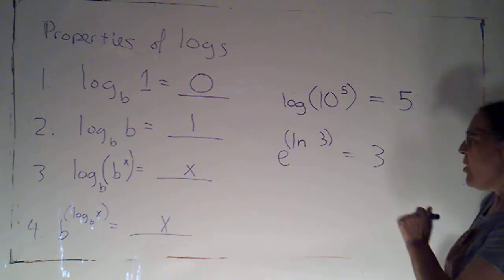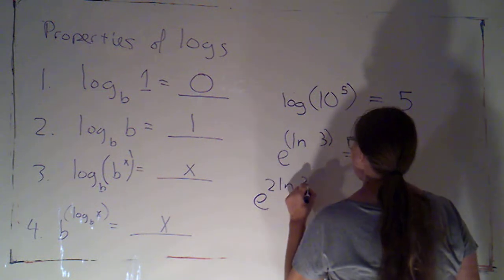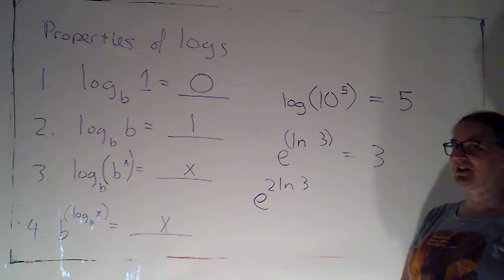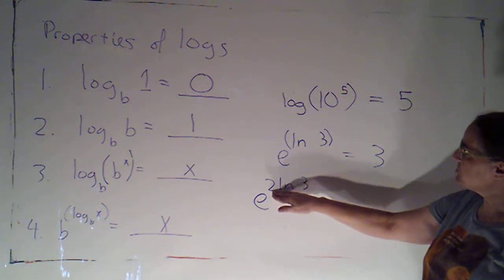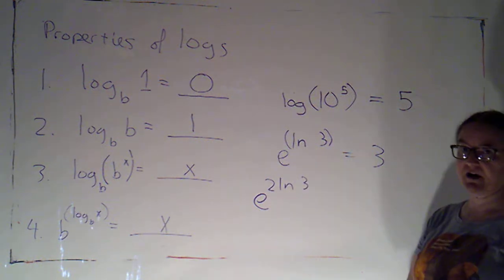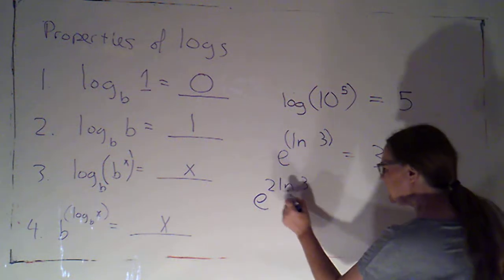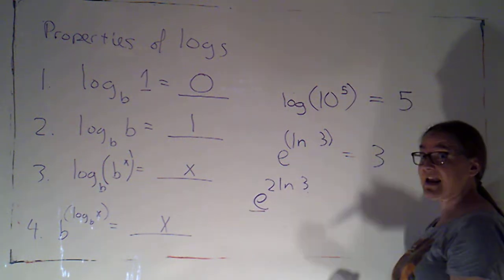Okay. I want to just show you something else. I don't think the book actually has any examples this challenging, but it's kind of cool, and you will encounter this as you move your way through calculus. If I have e to the 2 times the natural log of 3, okay, need to be careful here. I see a log and I see an exponential function with the same base.